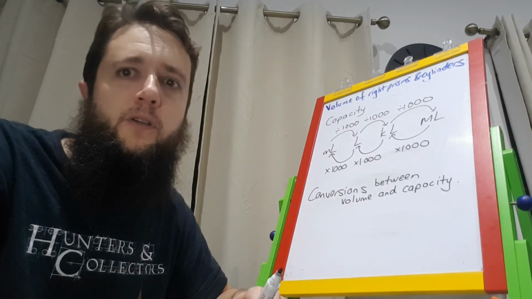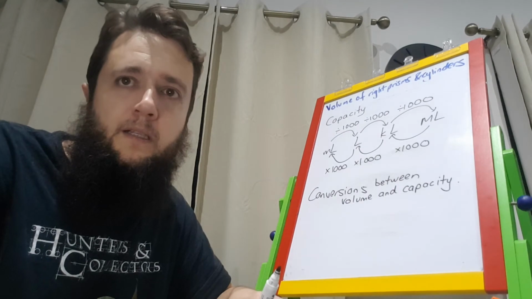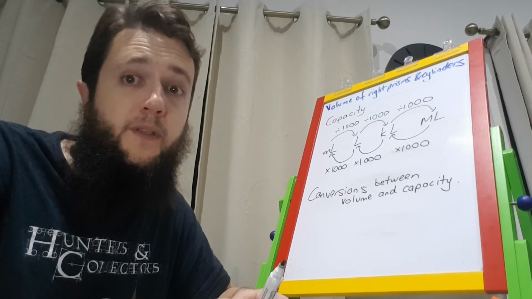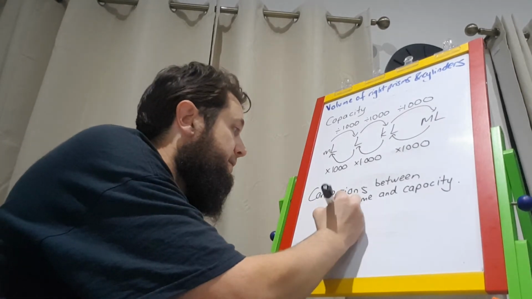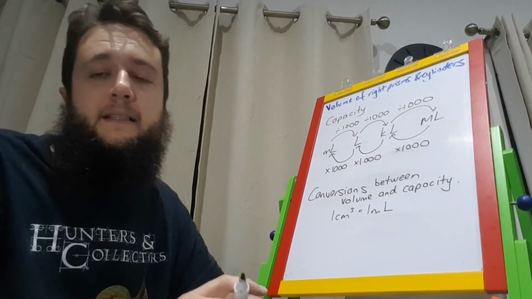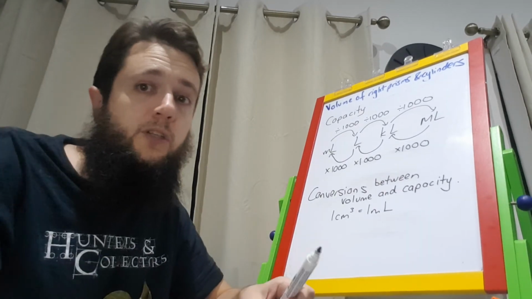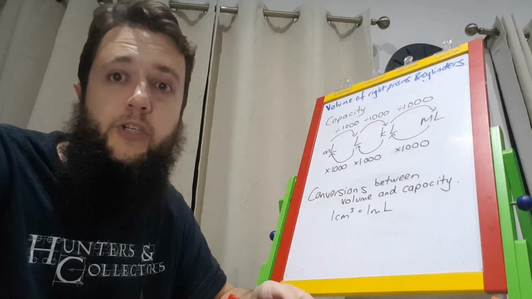How do you convert between those cube units and these capacity units? There is one particular rule that's critical for that. You may or may not remember it. It's 1 centimetre cubed is equal to 1 mil. There are some other conversions you can use that are useful as well, and I will show them.